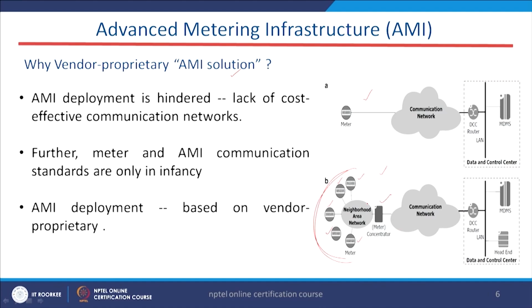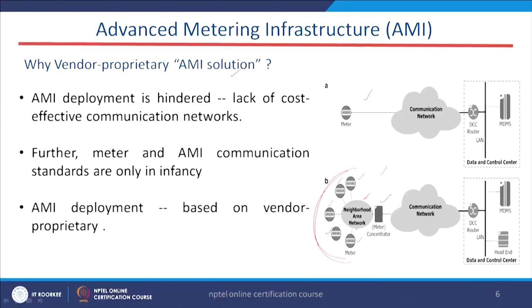You know, this NAN, the neighborhood area network, is a network on the distribution side of the smart grid system. The NAN is a communication infrastructure. So, this communication infrastructure allows us to connect the output of these meters to the meter concentrator.